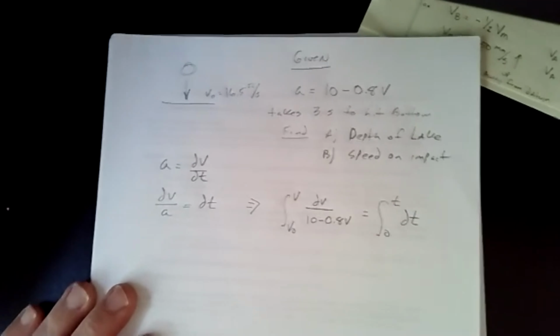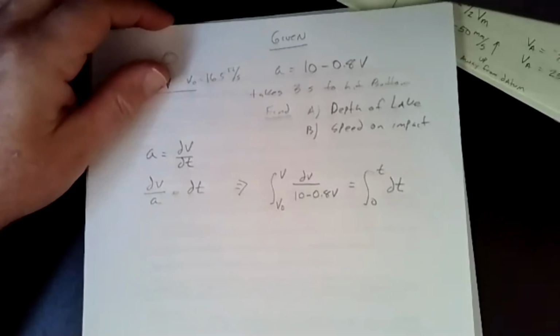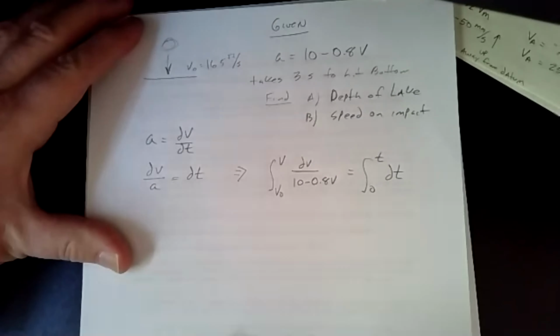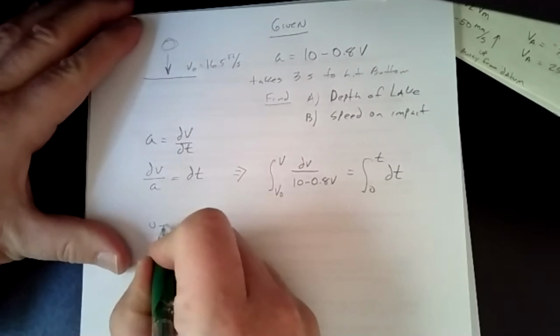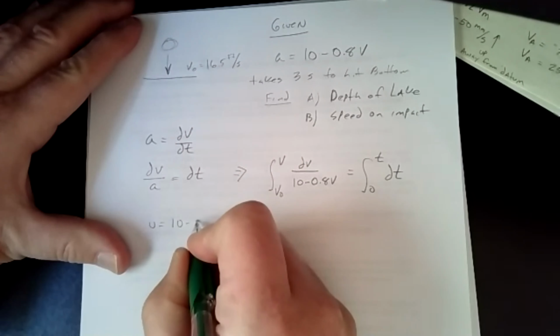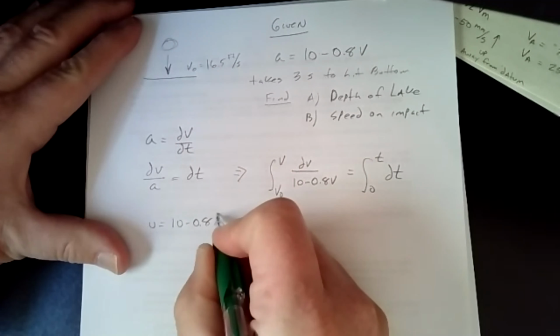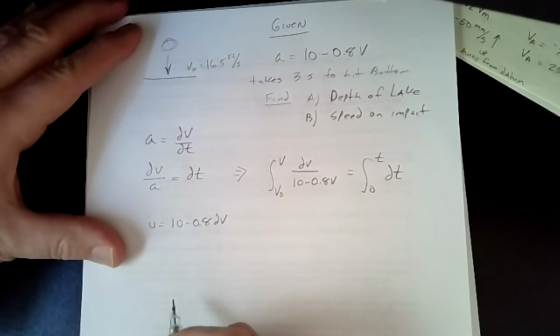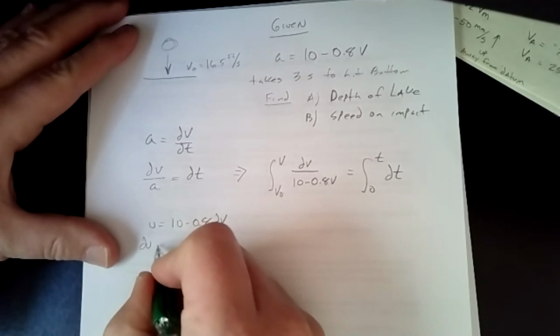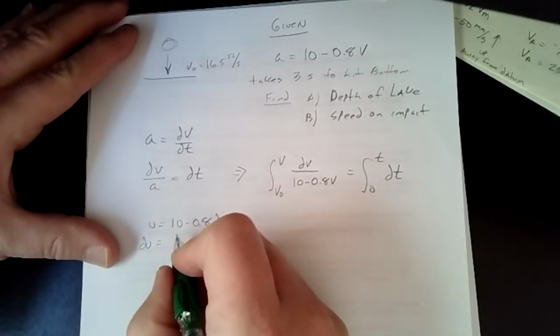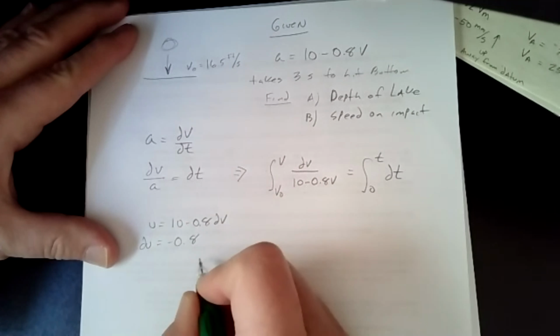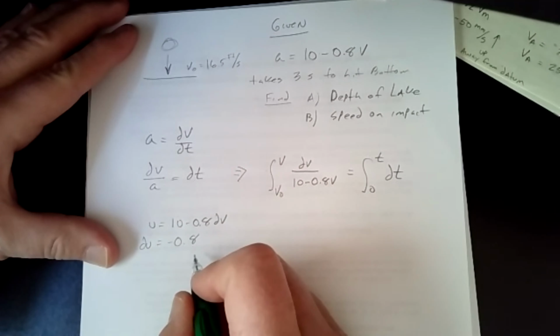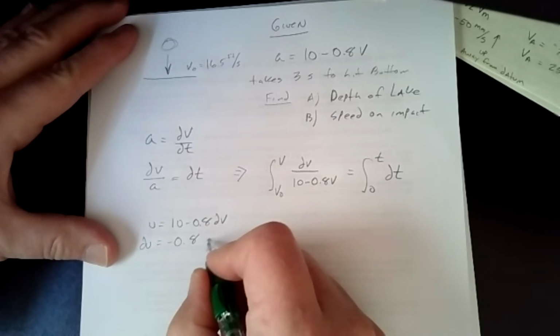So we'll do a U substitution for this. On this one, I'll go ahead and walk you through it. U equals 10 minus 0.8 dV. And du equals negative 0.8. I'm sorry, du equals 0.8 dV.